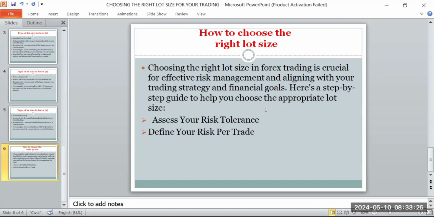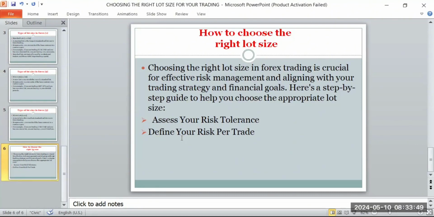The number one step here is for you to assess your risk tolerance. This is very, very important, okay? You need to determine how much risk you are willing to take on each trade. Let's say you want to buy a particular currency pair, you need to determine the risk you want to take before you enter the trade.